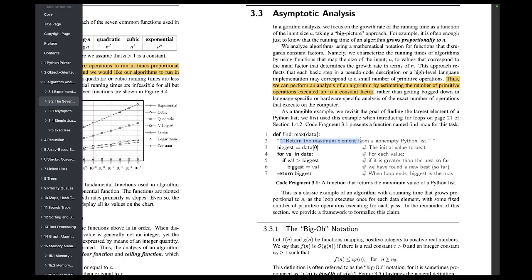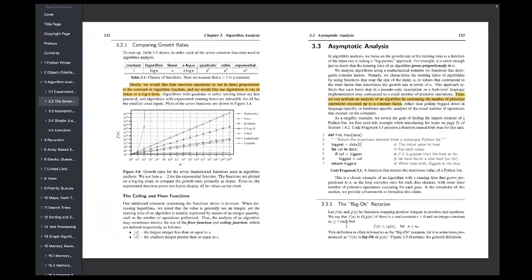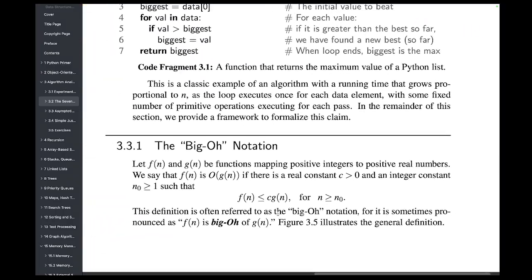Returning the maximum element from a non-empty Python list. Okay, yeah. Big O notation. Let f of n and g of n be functions mapping positive integers to positive real numbers.